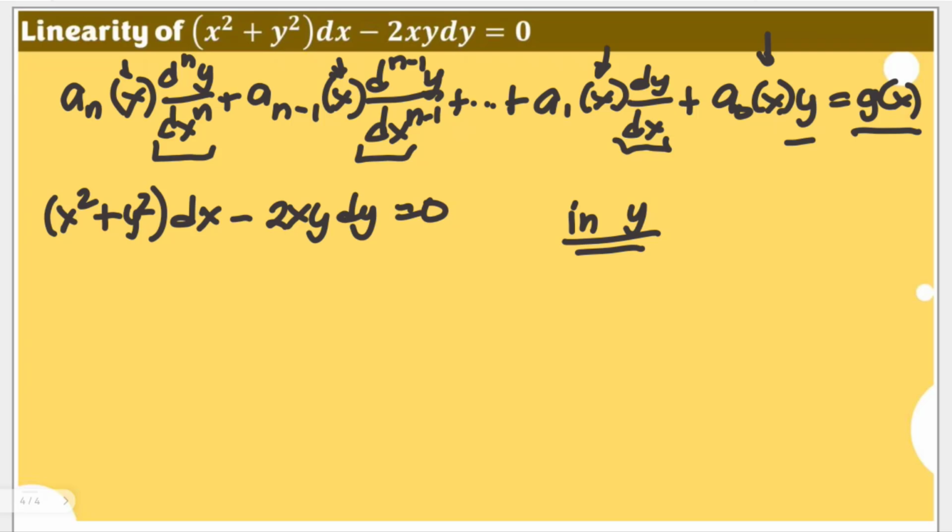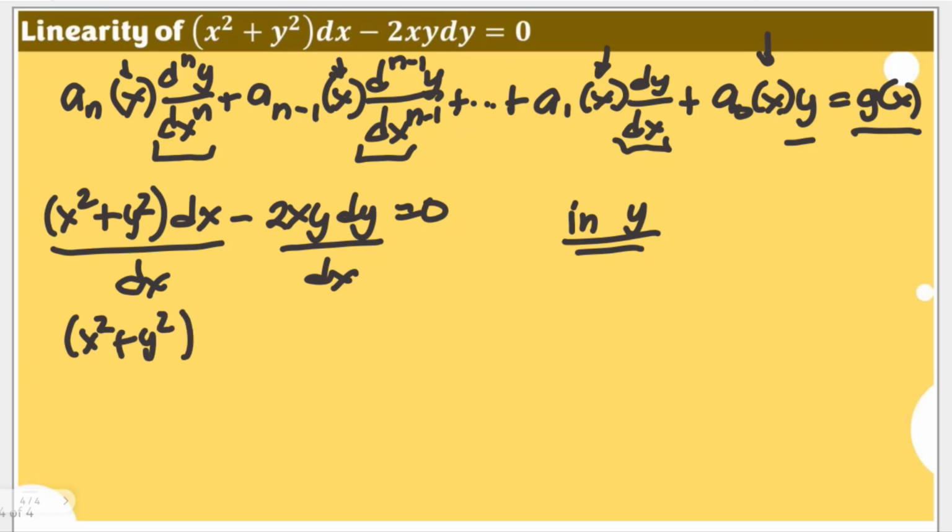Hence, we will be dividing all of these terms by dx. Of course, 0 divided by dx is 0 itself. So we will have here x squared plus y squared, minus 2xy times dy over dx, or the first order derivative of y with respect to x, equal to 0.